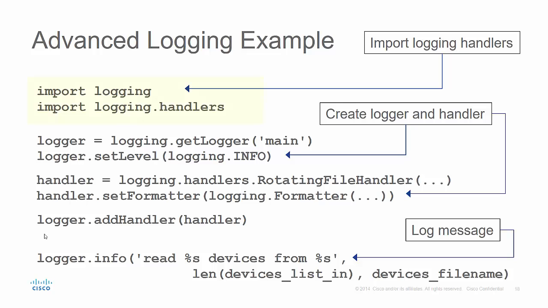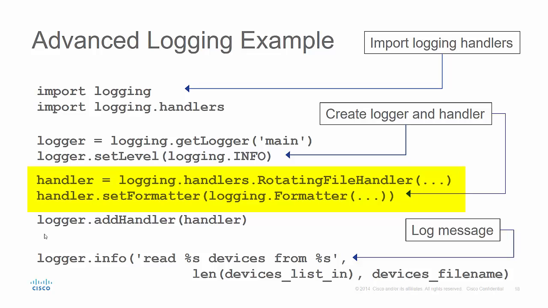Here's an example of advanced logging. We import the logging module, and we will also import the module called logging.handlers. Then we will create our logger and set the log level. We will then define our handler. Creating our handler, you can see we're creating a rotating file handler that will create rotating files as we mentioned, and then we will set the formatter for our handler.